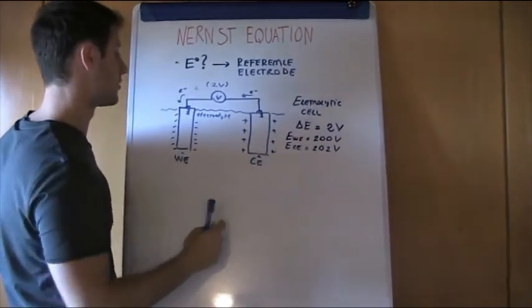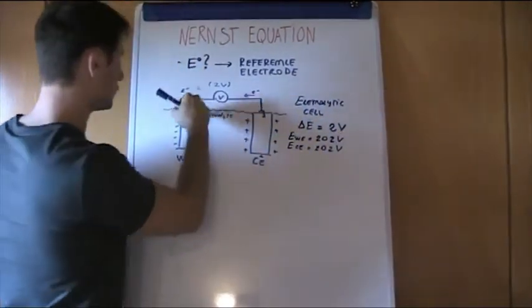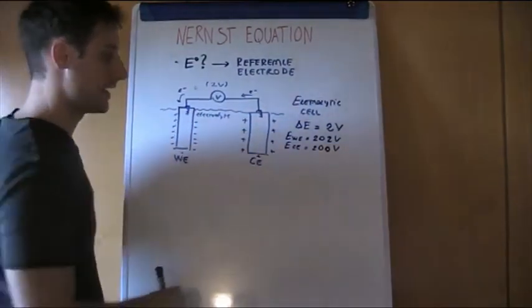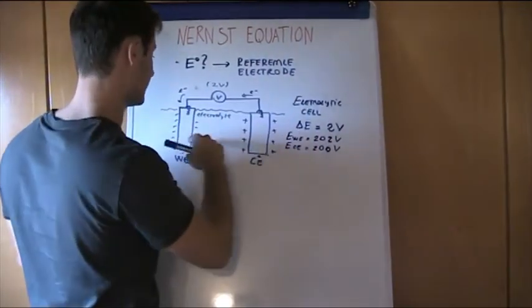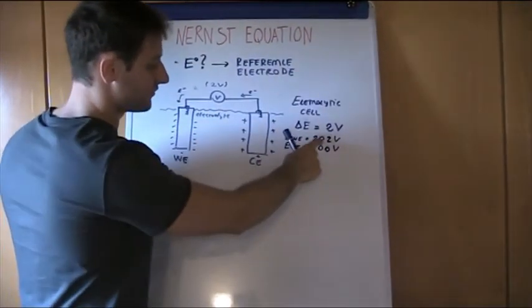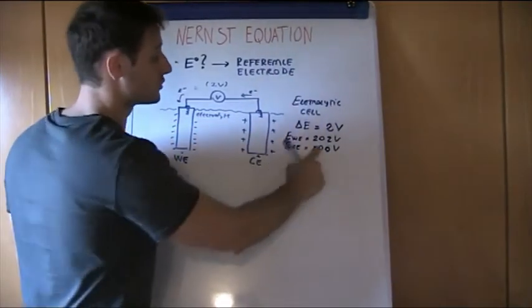Something like this, or the opposite, depending on the direction in which the electrons are moving. And so we are applying a potential difference, and the difference between the working electrode potential and the counter electrode potential is actually 2.